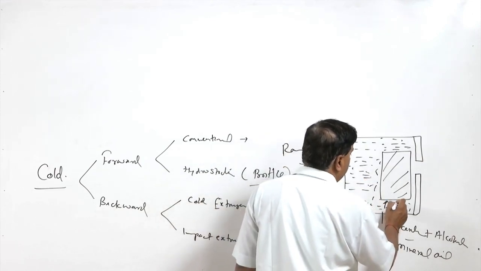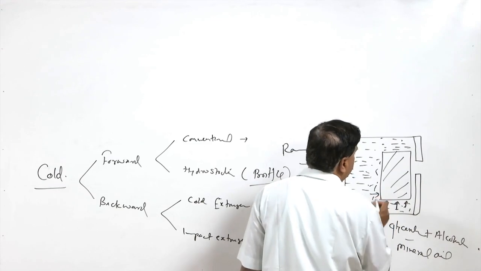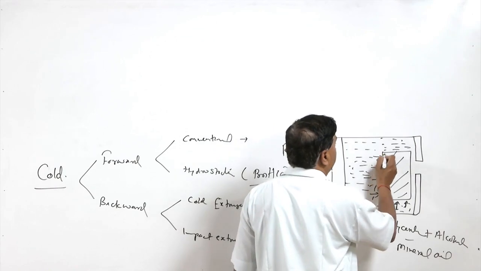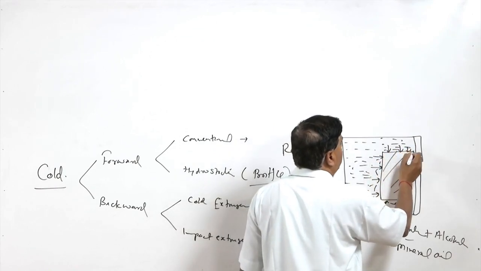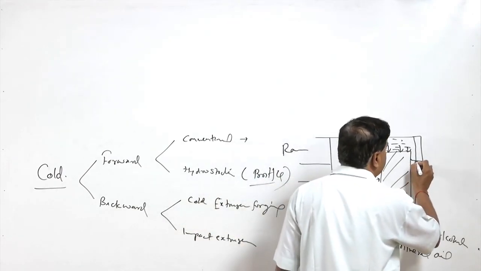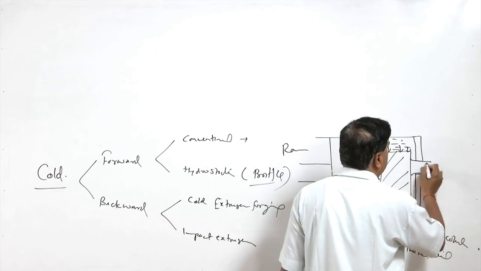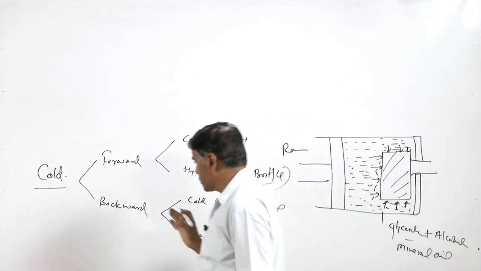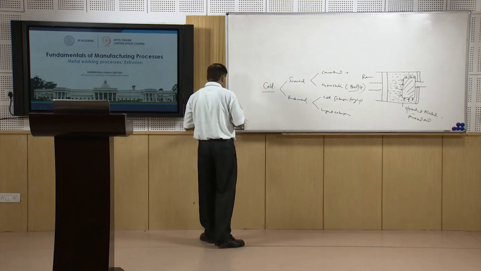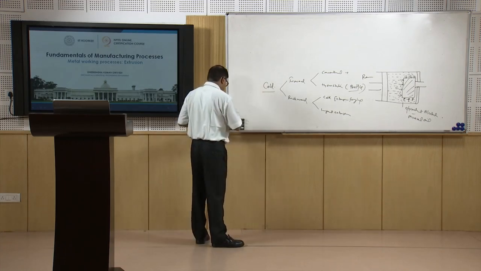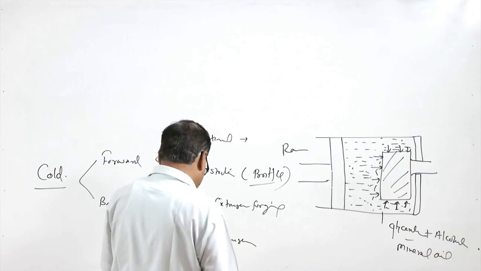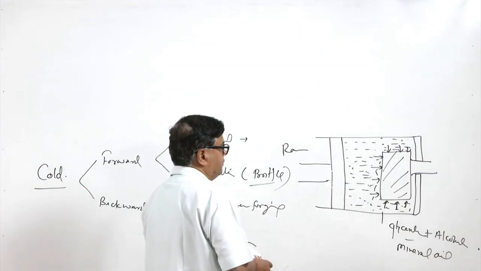The advantage of applying the pressure through the fluid is that pressure acts uniformly onto the material from all sides and not from one side. So, this facilitates the flow of the metal through the die without getting crushed. So, even low ductility metals can be effectively extruded with the help of hydrostatic extrusion.